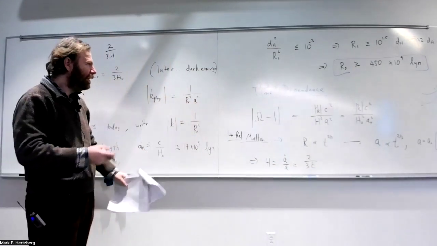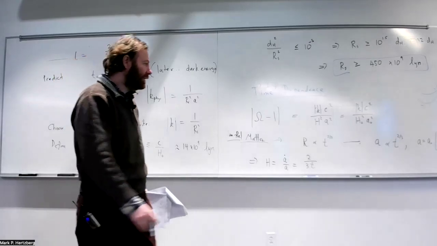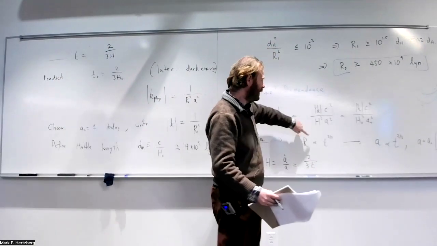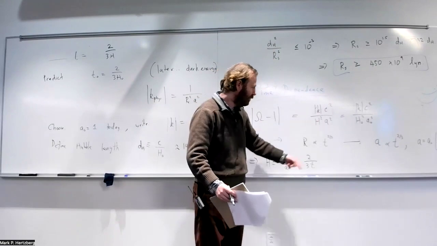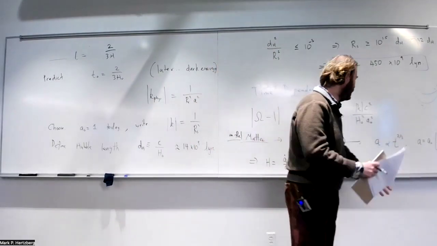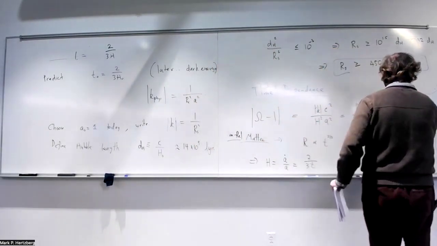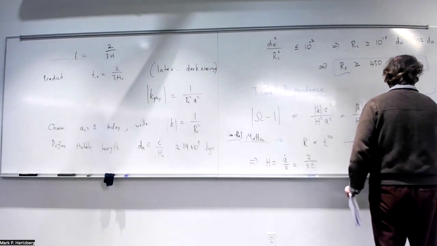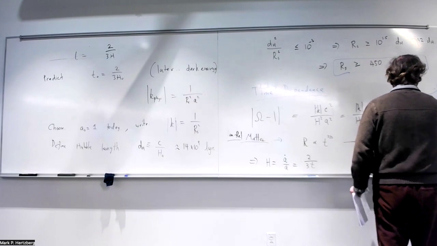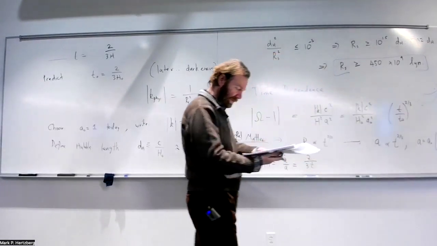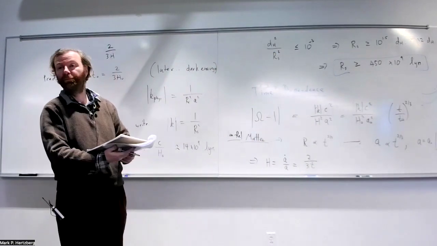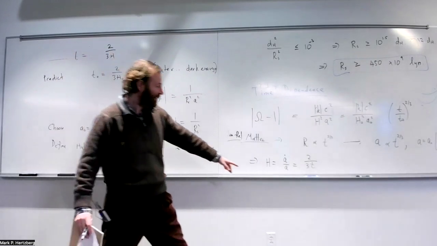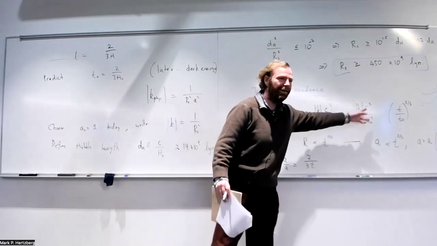All right. So, if we want, we can plug this into here. If you know H goes like 1 over t and a goes like t to the 2/3, this whole thing must scale like t over t naught to the 2/3. If I did that right, you can check. Plug this and that into there, you get that.